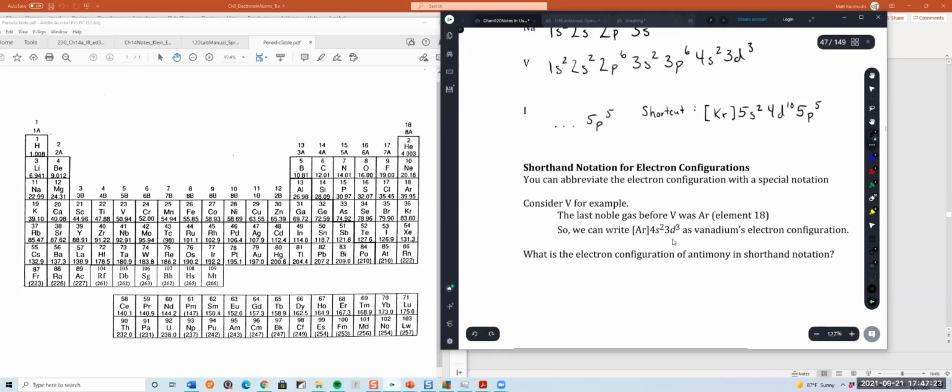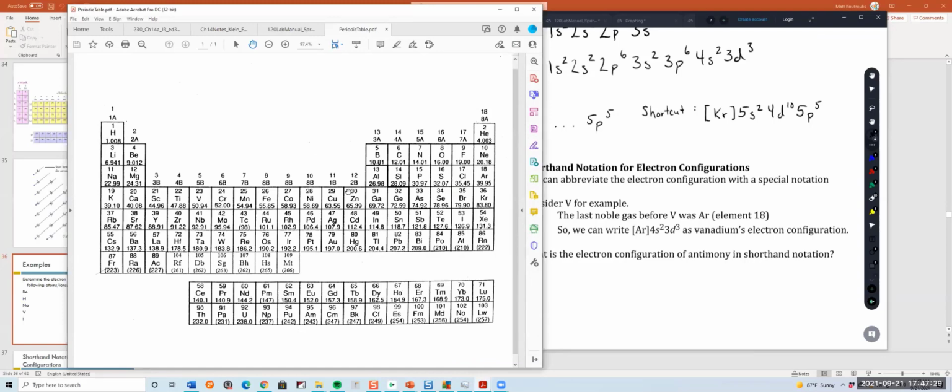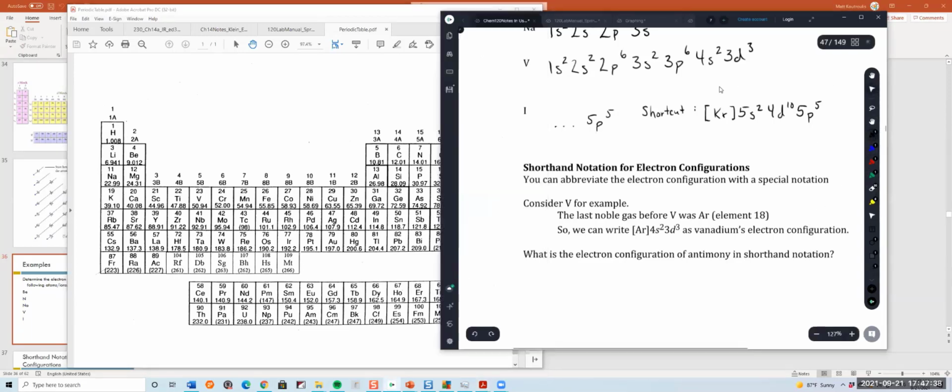What would antimony be? Antimony is which symbol? SB. SB, good. It's only 2 less than iodine, so it's going to be the same thing as iodine except what? 5p3. Yeah, exactly. 5p3.